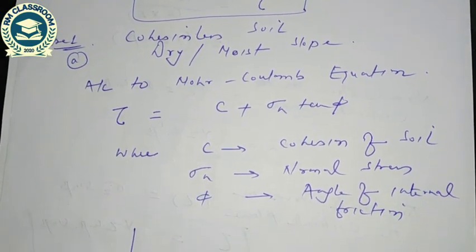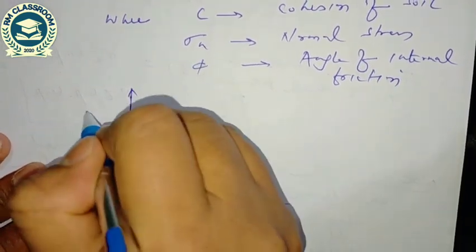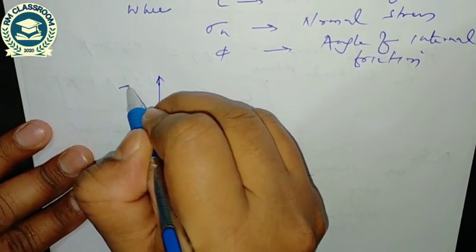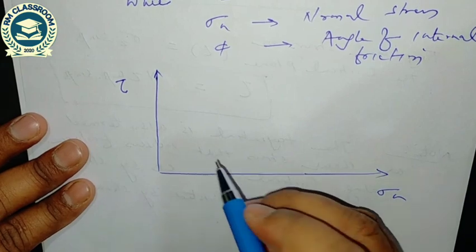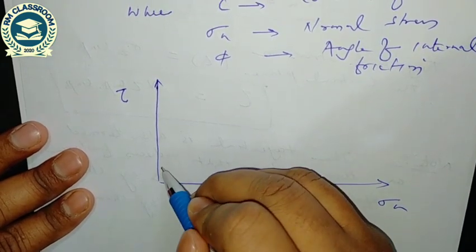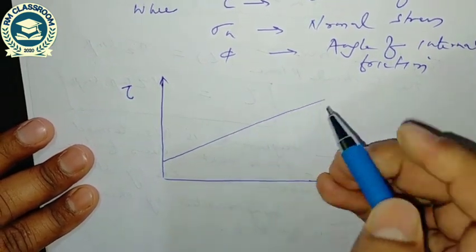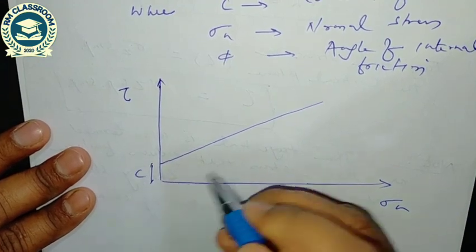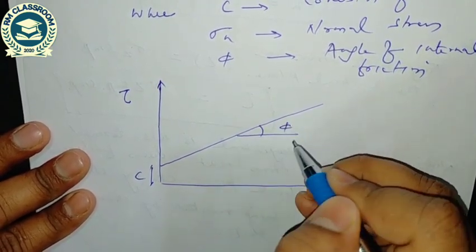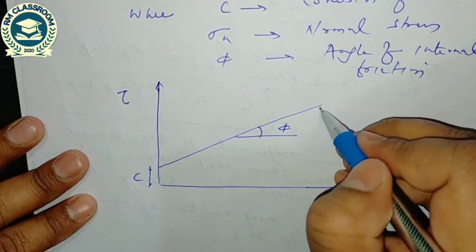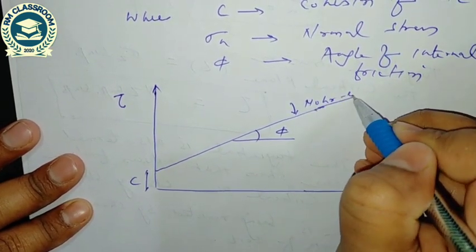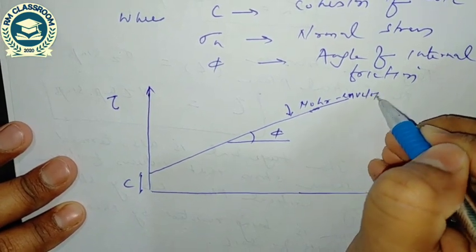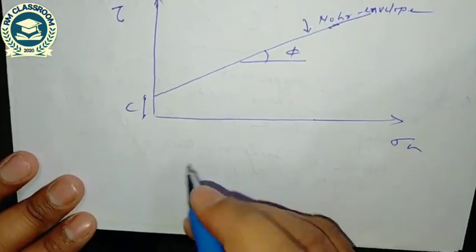So this is the Mohr-Coulomb envelope. This is shear strength and this is normal stress. So we have seen for cohesive soil, it's coming like that. So this intercept is cohesion and the slope is angle of internal friction, and this is Mohr envelope, or modified Mohr-Coulomb's equation we have seen.